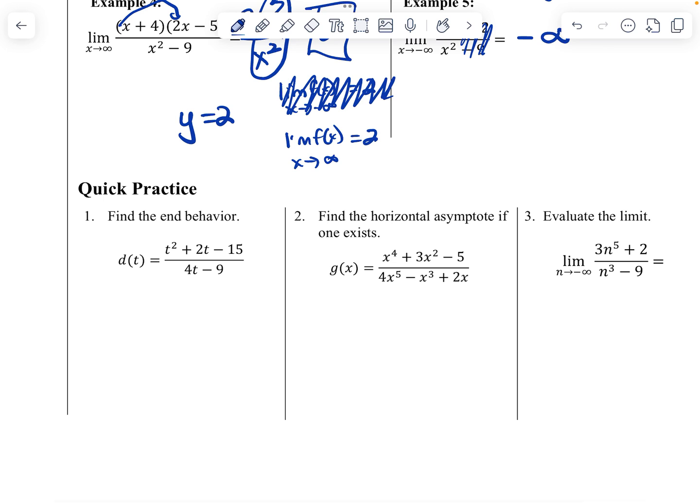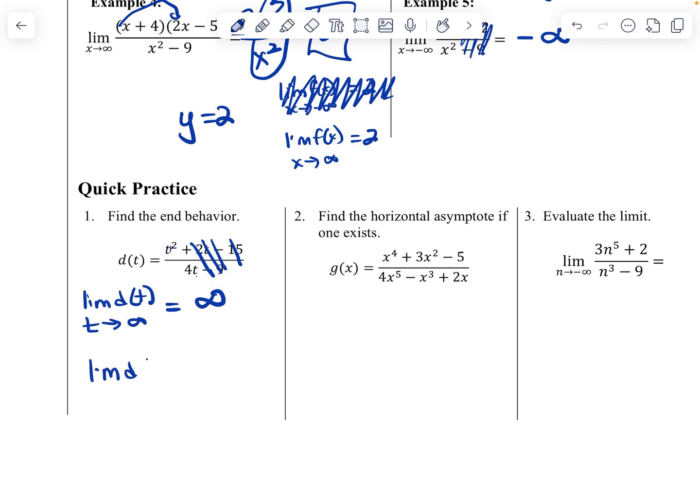So find the end behavior. Our bigger number is on top, so it's a bigger number over big. Again, we have to write this out. D of t as t goes to positive infinity: as it gets big, it's a positive big over a big number, so that's going to be big.